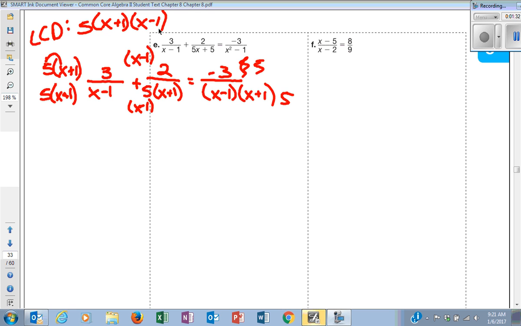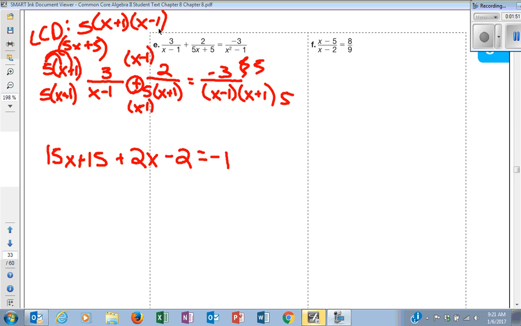I'm going to distribute this, and so it becomes 5x plus 5. And then I'm going to distribute the 3, and I'm going to get 15x plus 15. Now this is a plus sign, so no big deal here, so I can just distribute plus 2x minus 2 equals negative 15.